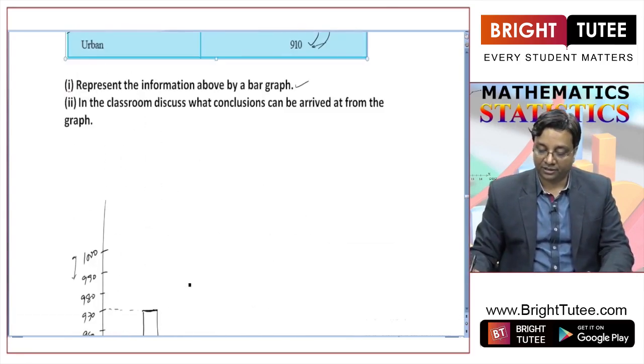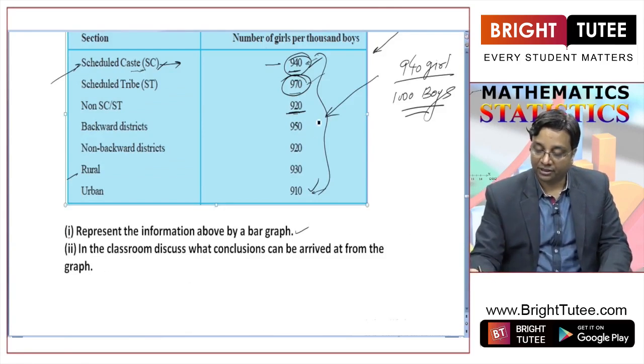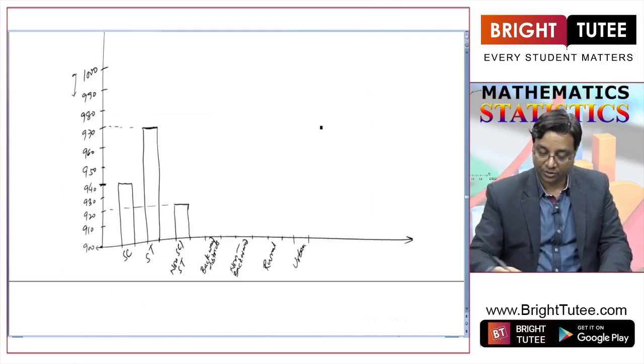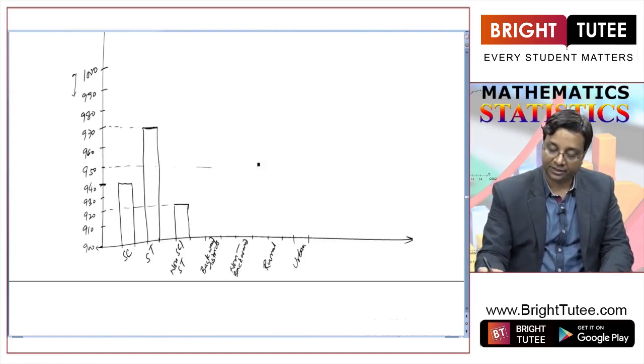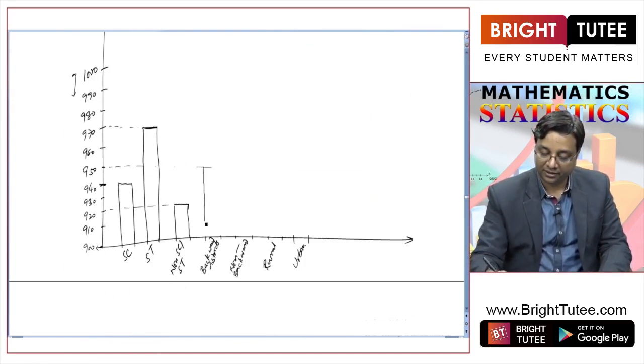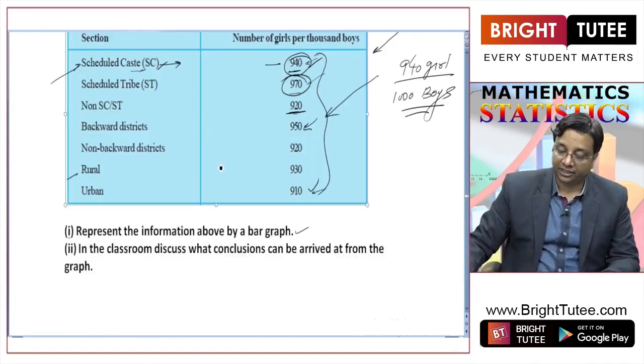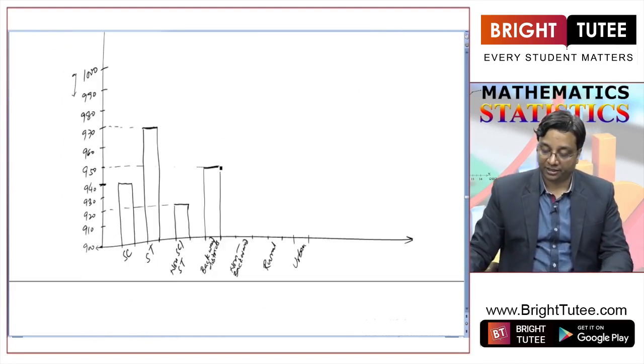For backward districts, 950 is the ratio. So 950, the height will be somewhere here. This should be the height of this bar. And for the next one, non-backward districts, 920.